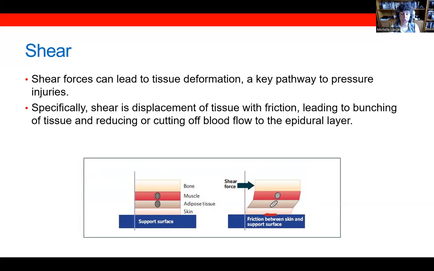This leads to the tissues being kind of bunched up and can reduce or completely occlude blood flow to the epidermal layer, that top layer of our tissues. So, this is our latest thought process when it comes to what happens with pressure injuries. And one of the pathways to a pressure injury is this shear force.